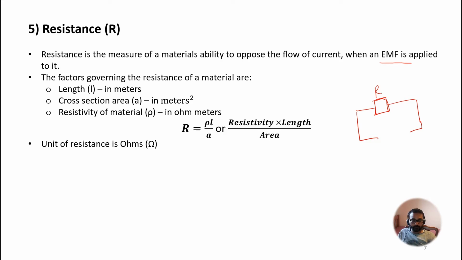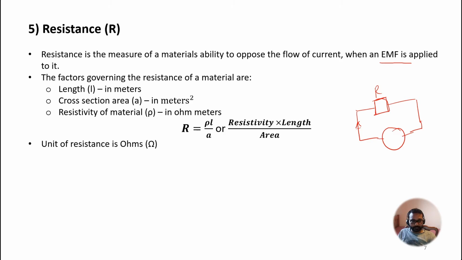If you do not apply an EMF to this component, or to a piece of metal, and try to measure the current and say, oh no, it's quite resistive because it's opposing all the current, you have not applied the current, so obviously no current is flowing in the circuit. That's why you have to mention when an EMF is applied to it.